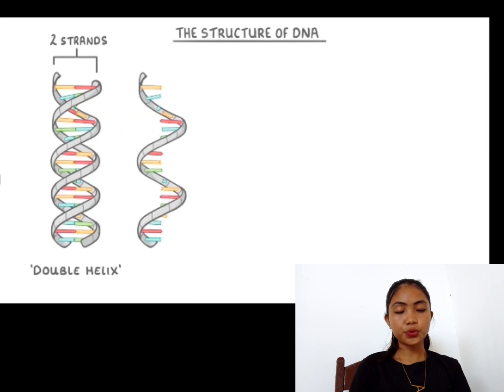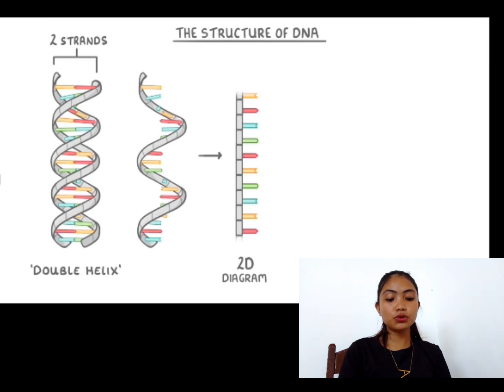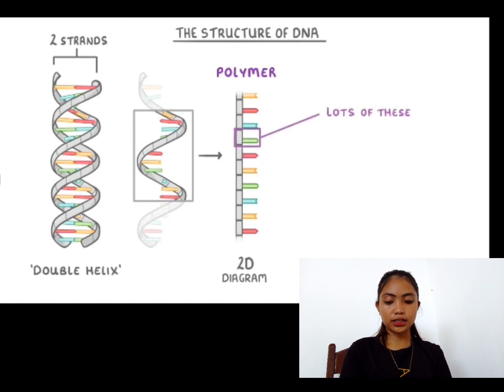So, we're now looking at this section here of the original strand. Hopefully, you can see that DNA is actually a polymer because it's made up of lots of tiny units called monomers. With DNA, we call each monomer a nucleotide.